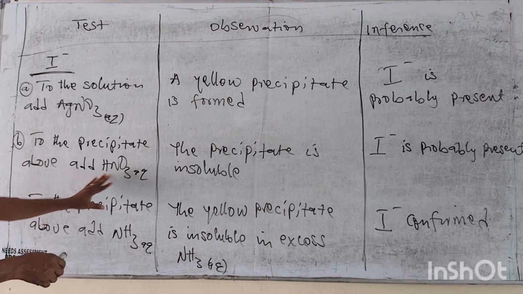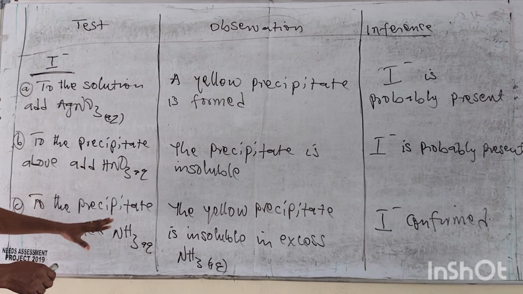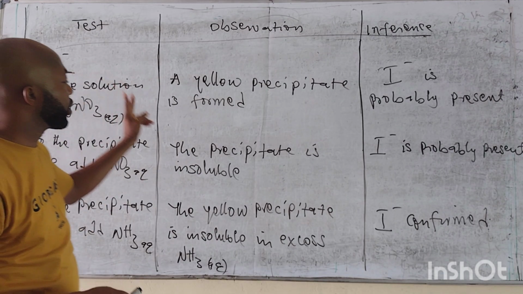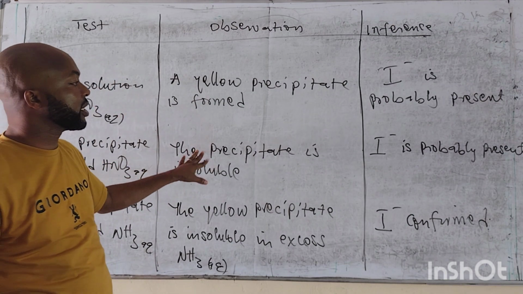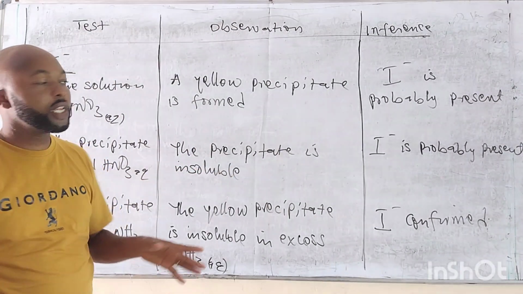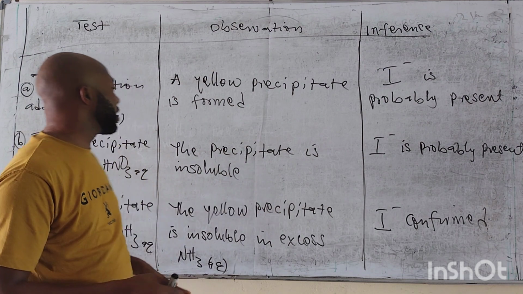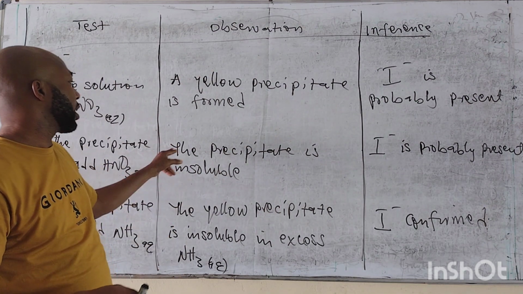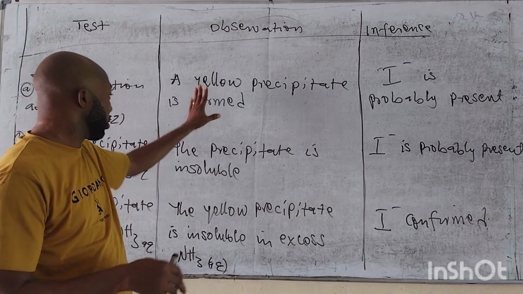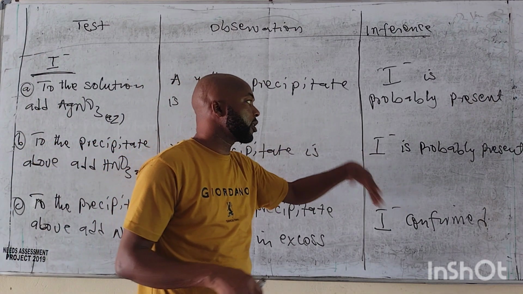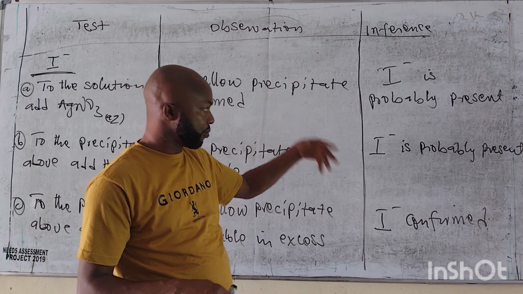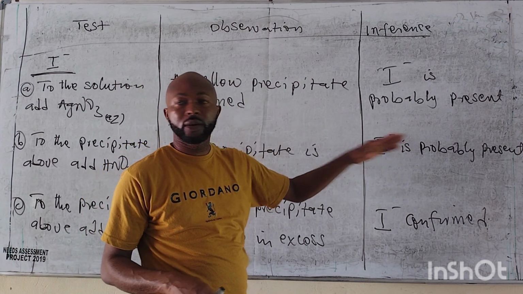When we added the HNO3, in that of chlorine, the white precipitate is insoluble. In bromine, the pale yellow precipitate is insoluble. Now in iodine, the yellow precipitate is insoluble. In the other way, we have chlorine, bromine, and iodine probably present.